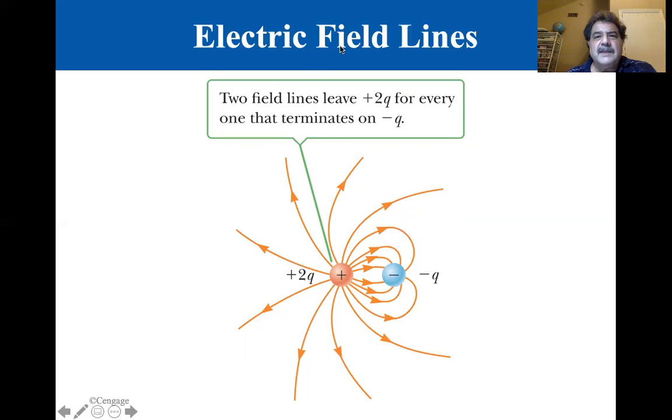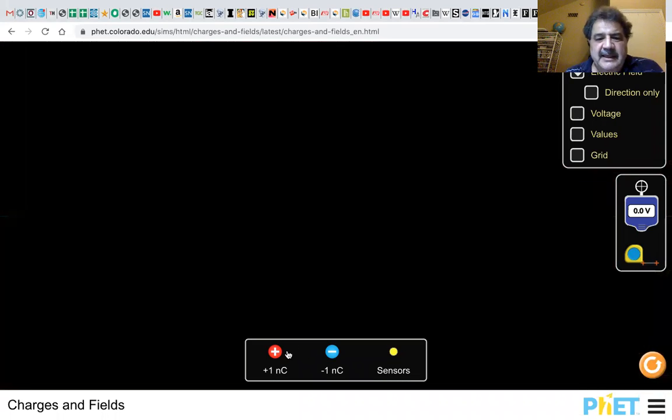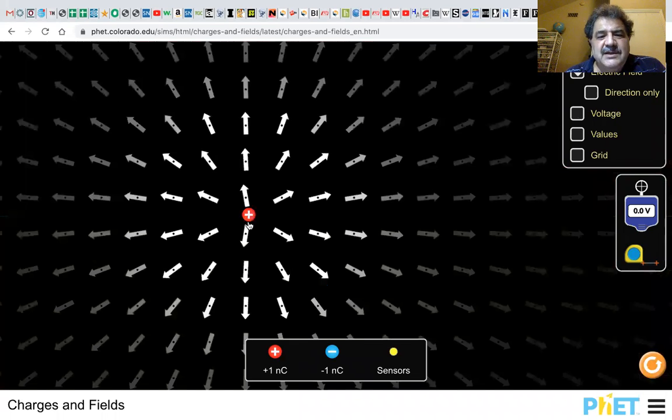Let's play a little bit with the PhET simulation. It doesn't really show the field lines. Let me restart this, reset it, and let's put a positive here.